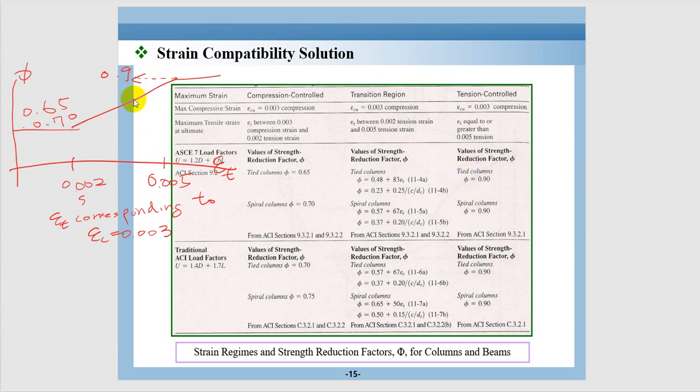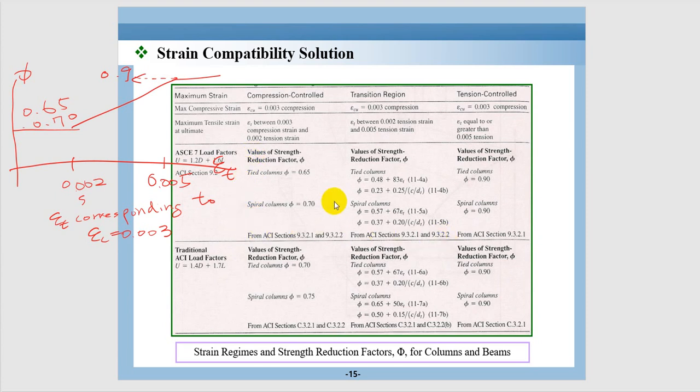In between, your phi factor increases from this point to this point, and the interpolating equations are shown right there based on ACI equations 11 and 12, depending on A and B. So this is how you calculate the phi factor for column design.